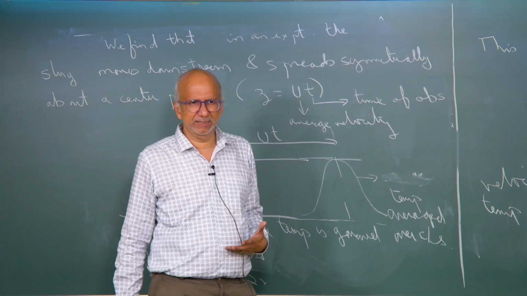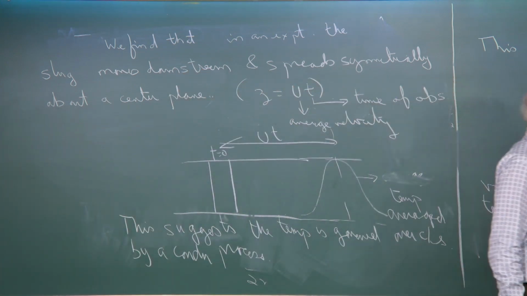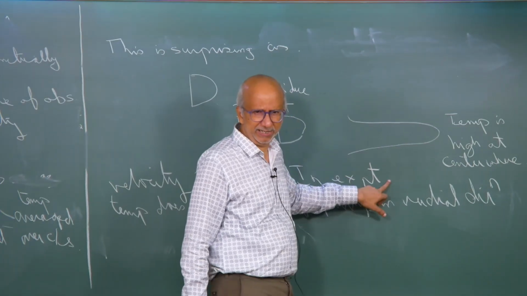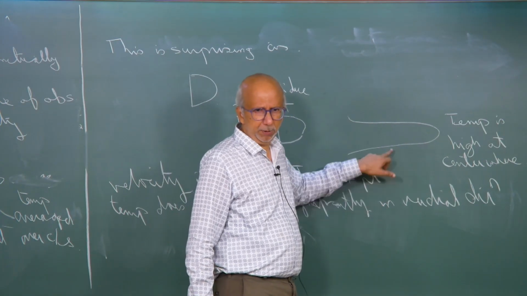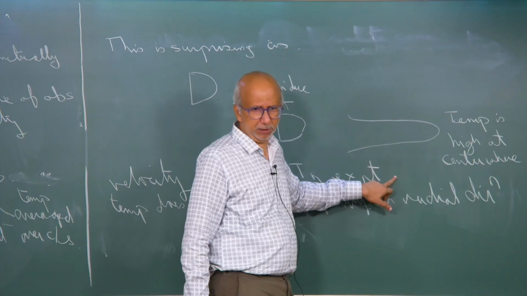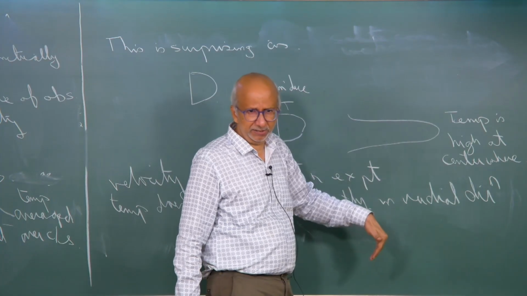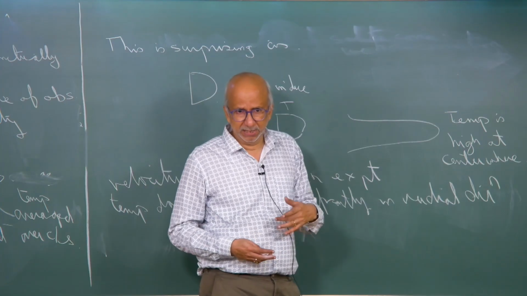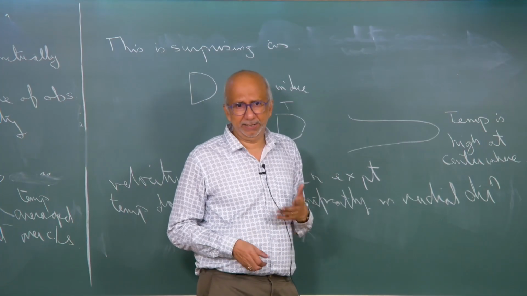How do you understand this? You say that this is high temperature and this is low temperature, so there is going to be conductive heat transfer in the radial direction, which is going to make things more uniform. So, conduction in the radial direction is important.